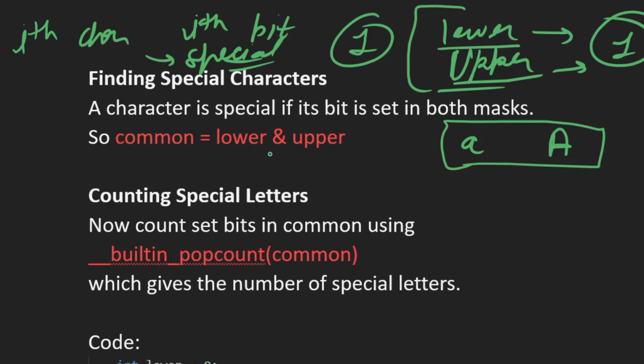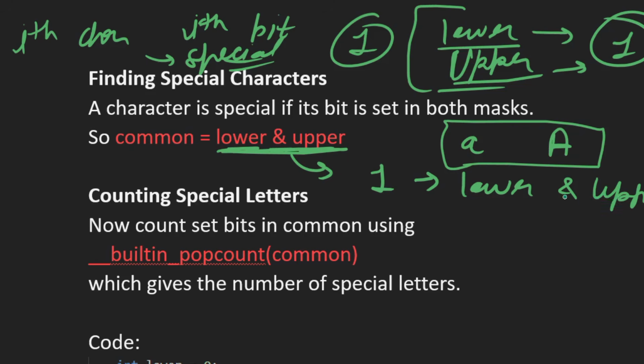So if we take the AND operation of lower and upper, it will return only those bits which are set to 1 in both lower and upper, that means which are present in both lowercase and uppercase.